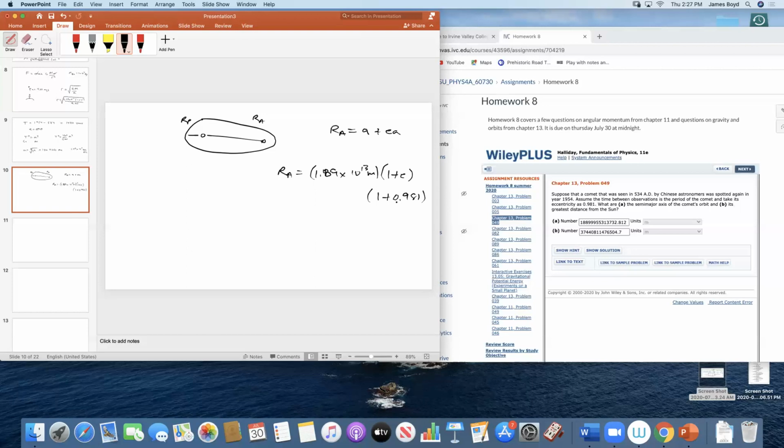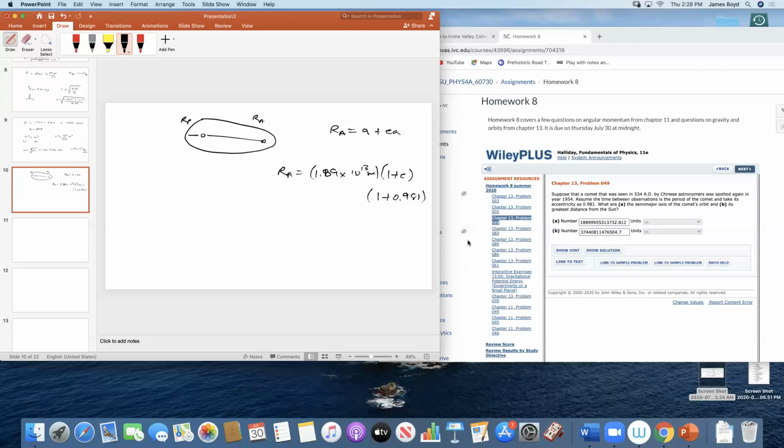And I get 3.74 times 10 to the 13th, which is exactly what they got here. I get 3.744. Okay, good enough. I think you all get how to use Kepler's equations for ellipses.